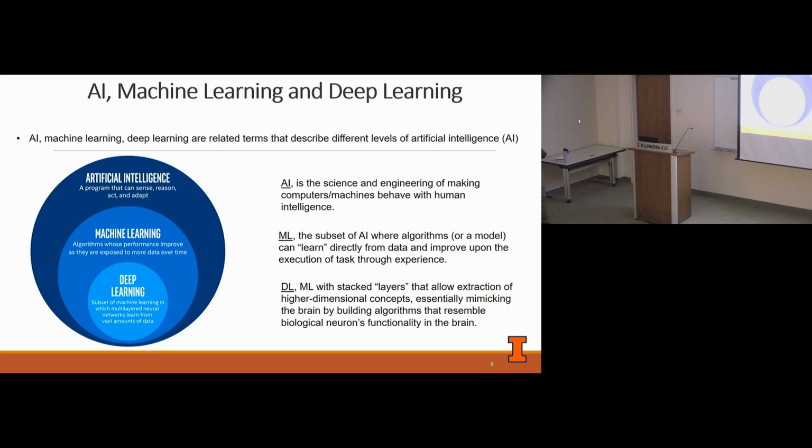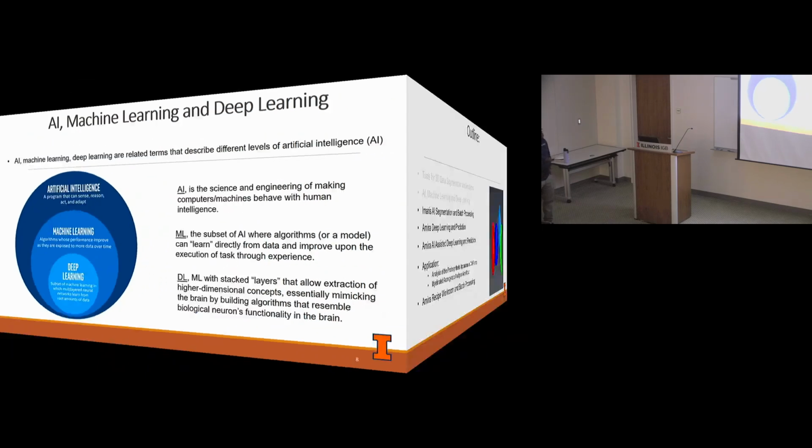It could be tons of different types of data. And so models that are trained on such tons of data is what we call deep learning. And basically the whole idea is that you are artificially training these algorithms to mimic the neural networks in the brain. And so that is the whole idea of deep learning.